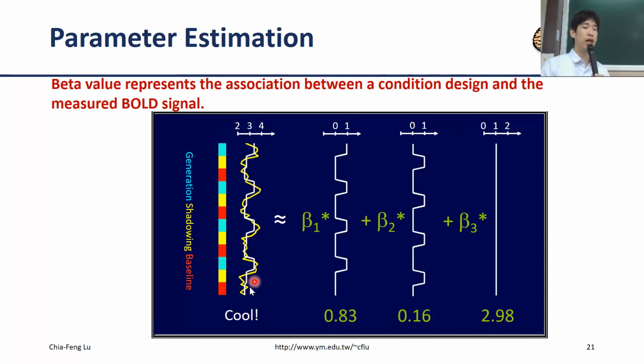That means this voxel or this signal may be highly correlated with this condition. Or we can say this signal may reflect the brain activation, or BOLD activation, with the first condition.